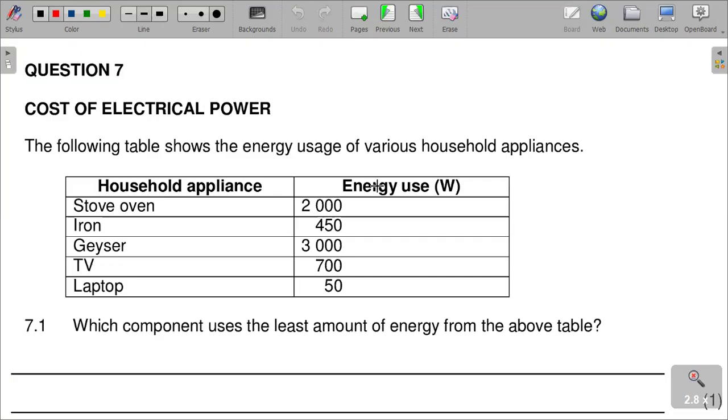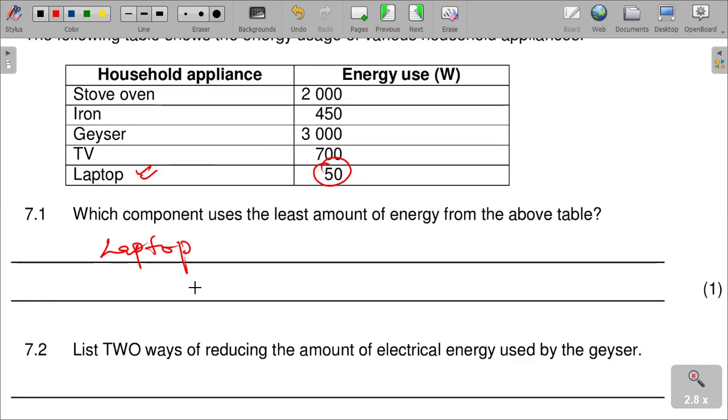So which appliance uses the least amount of energy from the above table? This one we do not need to think, we just look at the list for the lowest amount of energy used. It is the laptop. The laptop uses the least amount of energy given in the question.